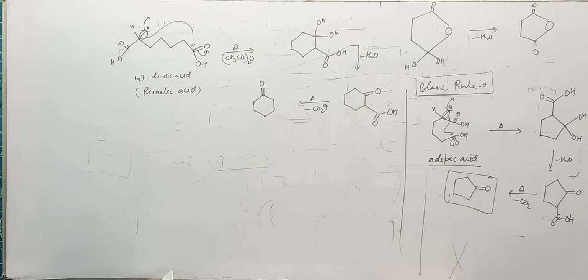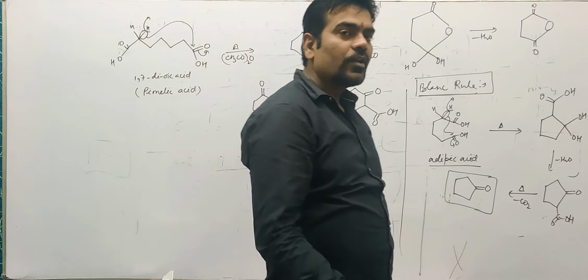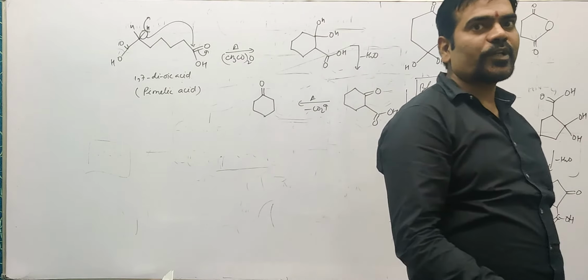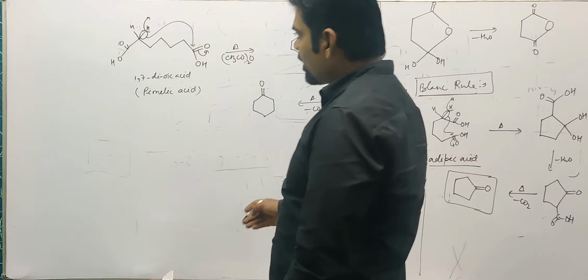So this explains which carboxylic acid upon dehydration will form an anhydride and which upon dehydration will form the corresponding cyclic ketone if it is a dioic acid. If there is a monocarboxylic acid, simply upon heating they undergo intermolecular dehydration and form the corresponding anhydride.